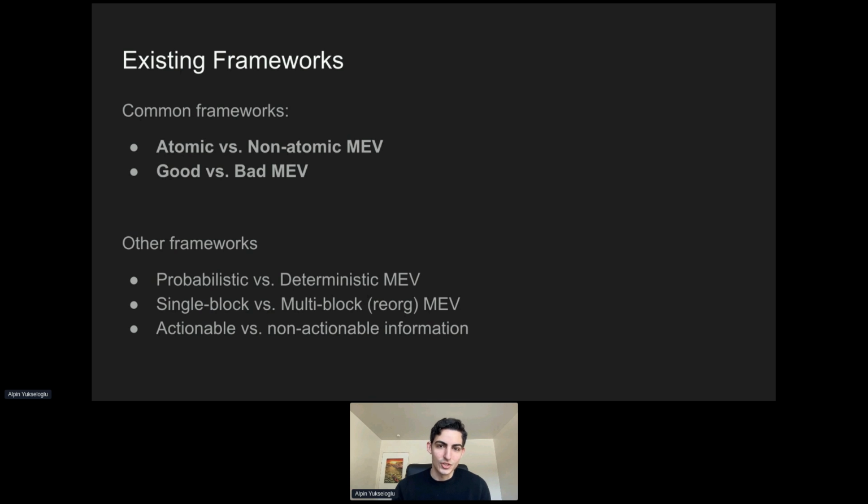The atomic versus non-atomic one kind of misses the point of MEV because it keeps the focus on a characteristic of MEV as opposed to its emergent impact on participants such as the users, protocol, and searchers. The good versus bad MEV is a good abstraction, but it obviously suffers from being a bit too vague. It has this vague notion of mitigating bad MEV that doesn't really mean anything to anyone and makes it hard to design mechanisms around MEV.